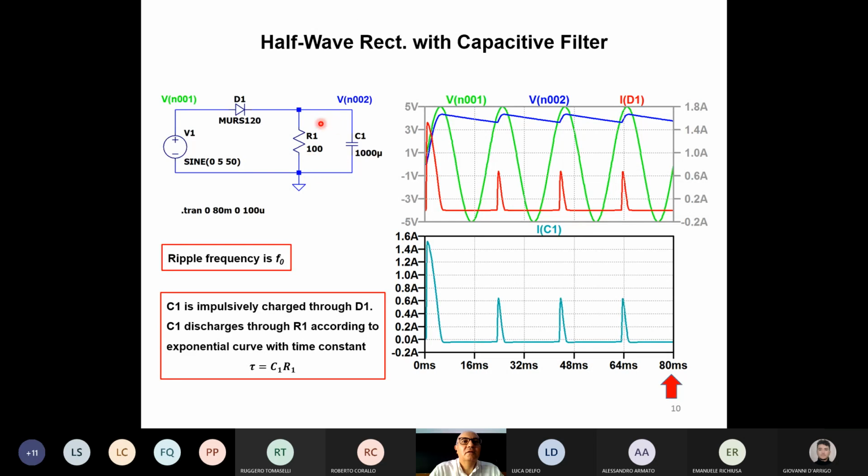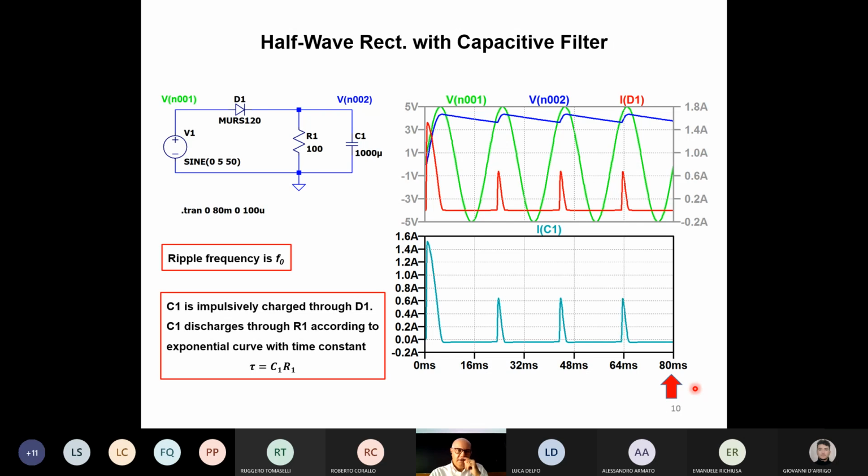Yes, in this way, through the resistance. Okay. So the capacitor is charging this way, with a positive peak current, and is discharging this way. The diode is open. Okay. Yeah, everything is written here.